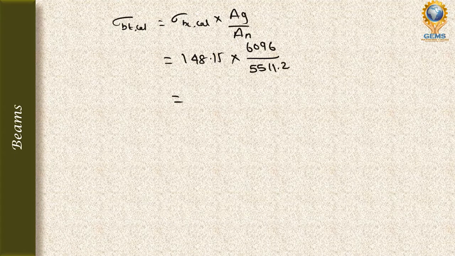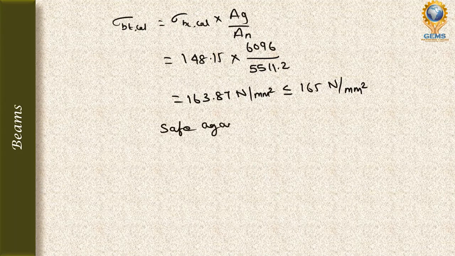It is equal to 163.87 Newton per mm square. That is less than or equal to 165 Newton per mm square. So both are safe against moment. Thus safe against the moment.